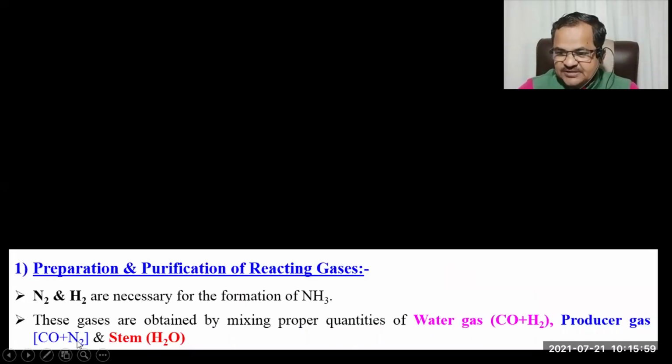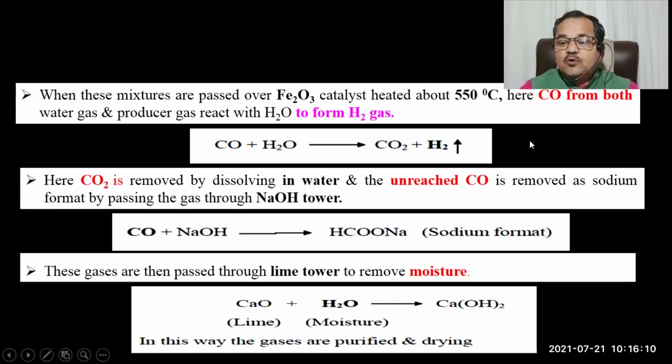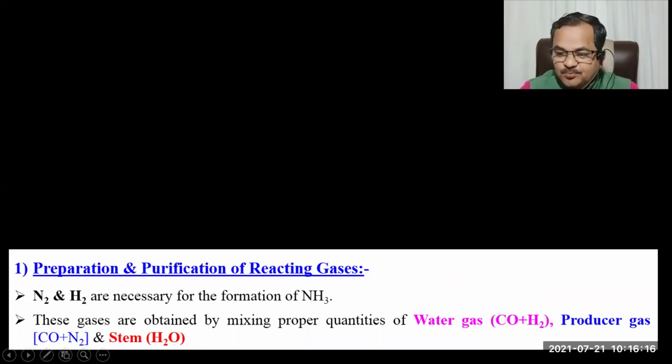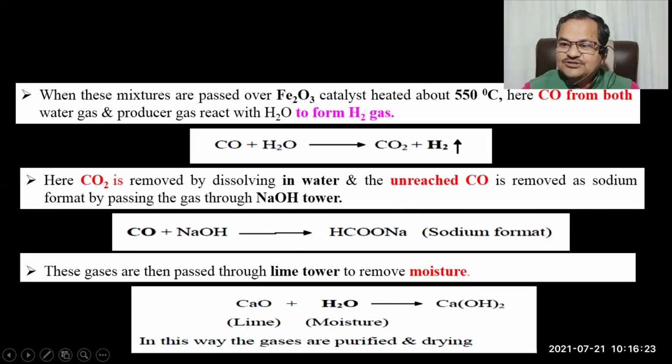There is N2 also, isn't it? N2 is there, and already H2 is there, but we want H2 in a 1:3 proportion. That's why we prepare new H2 here. So the already present H2 plus the newly formed H2 and this N2, now the proportion becomes 1:3.